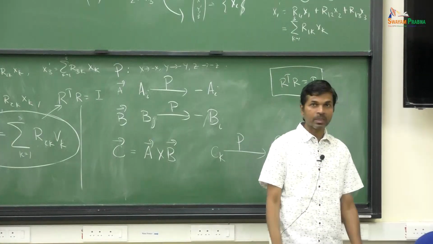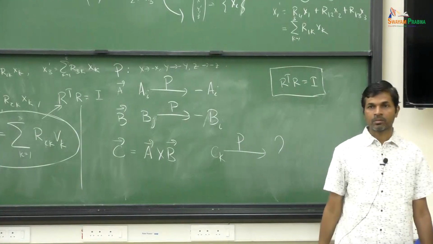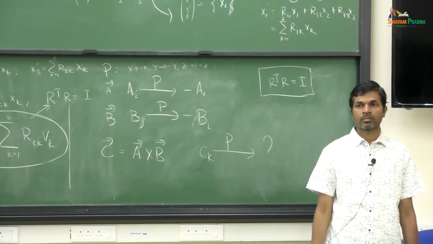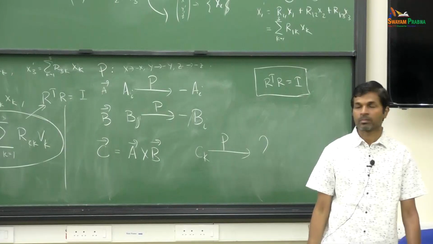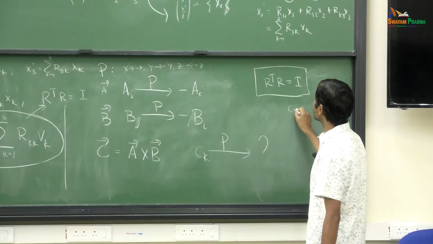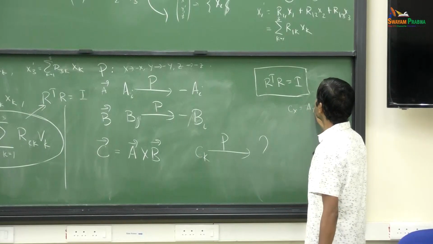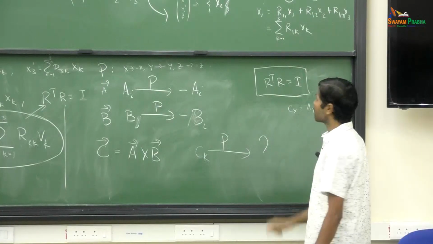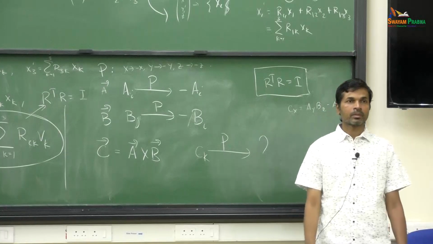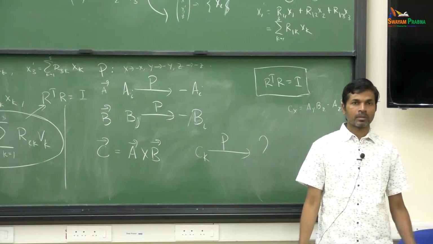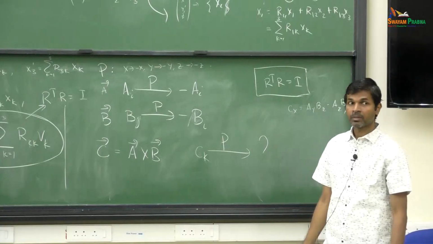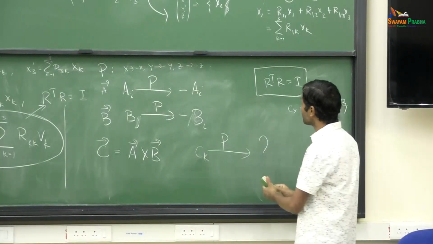Who can tell what happens? Let's say Cx is Ay Bz minus Az By. What happens under parity? They will all be the same.